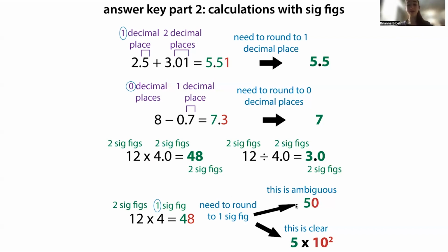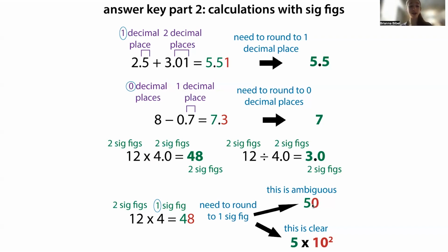But if we write 50, technically this is only going to have a single sig fig, and this is going to be correct. However, this is kind of ambiguous, because when people see a number like this, it's not very clear that there's only 1 sig fig, and it's hard to tell whether people just wrote 50 or they really care about the sig figs.